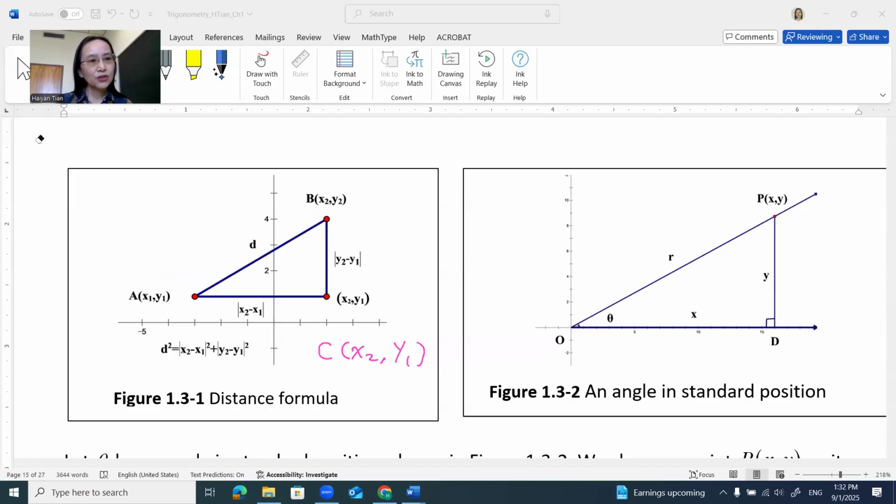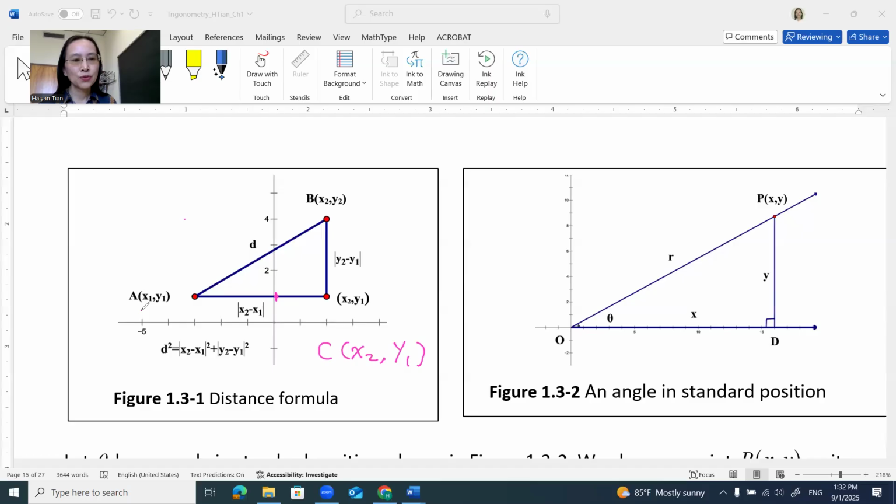So this right triangle, we're going to make use of this point because it's easier to figure out the length of the horizontal line segment.